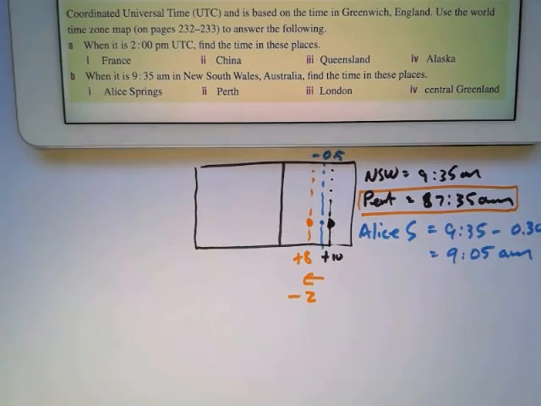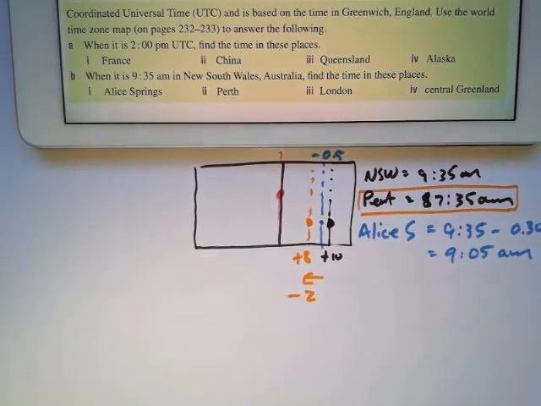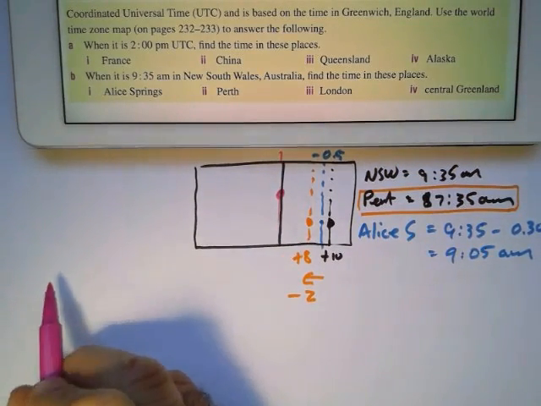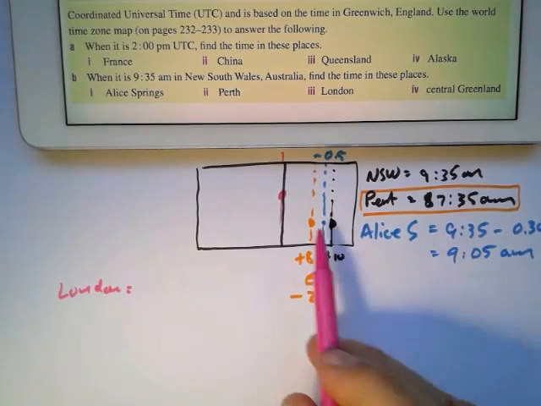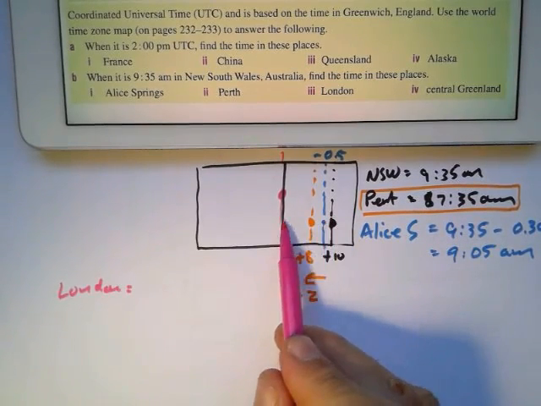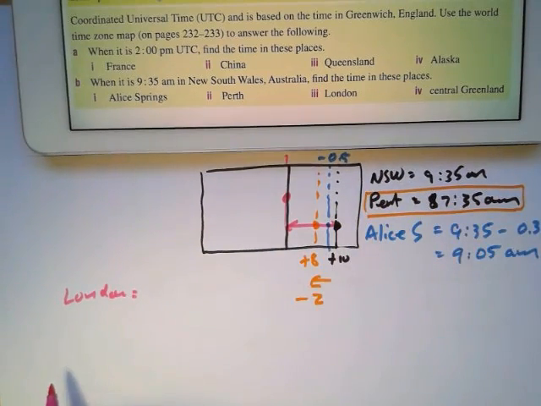9:05 a.m. In London, London is there, okay, so it's at 0. So I'm just going to write over here. London will be the difference between New South Wales, which is +10, and 0. The difference there is 10 hours.